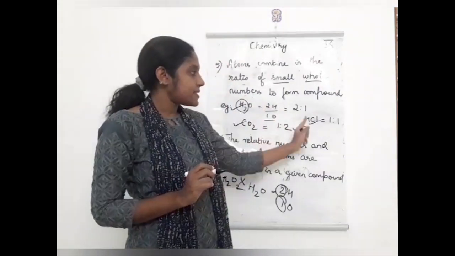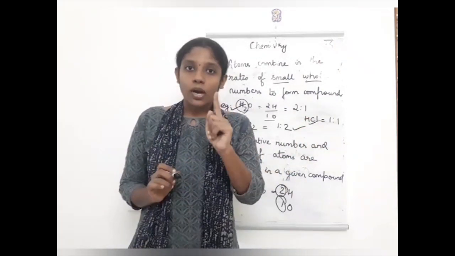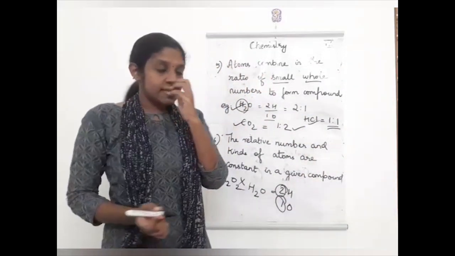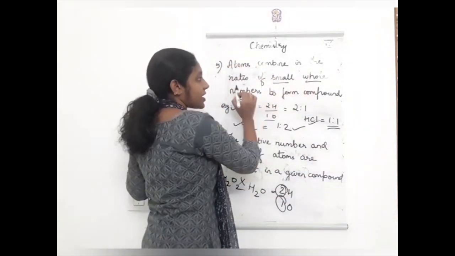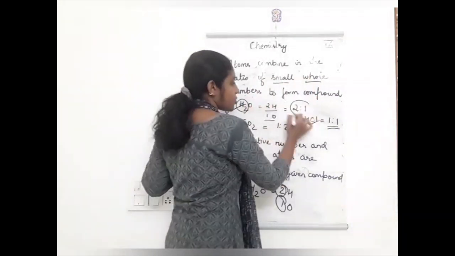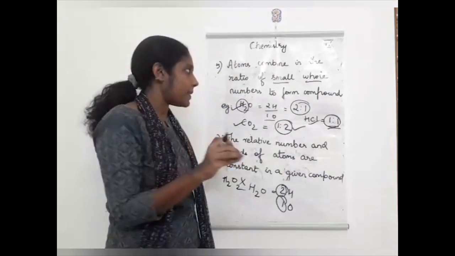Next, another example is hydrochloric acid, HCl, that is one hydrogen atom and one chlorine atom. It combines in the ratio 1:1. So atoms combine in the ratio of small whole numbers. You can see 2:1, 1:2, 1:1, etc. are small whole numbers.